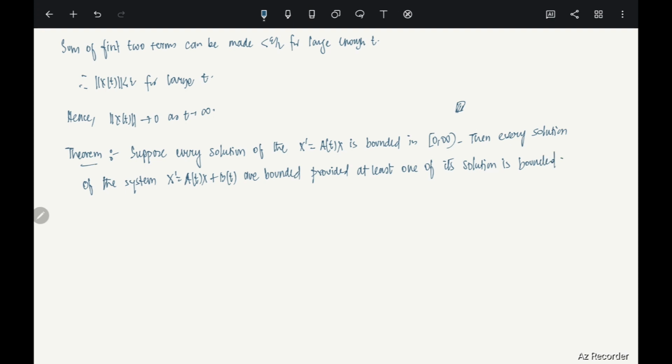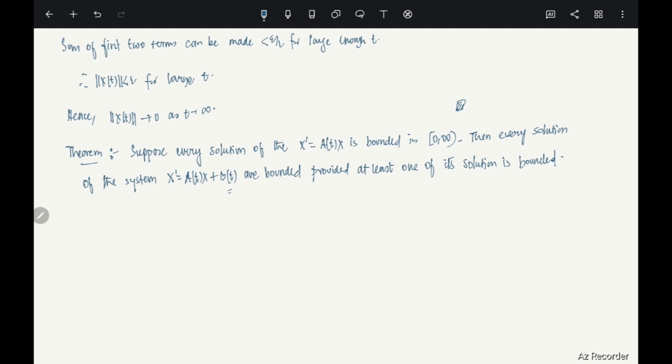I will not write the proof down, but it is trivial. Any solution of this inhomogeneous equation is the solution of the homogeneous problem plus one solution of the inhomogeneous problem. You know that at least one solution of the inhomogeneous problem is bounded, so that part is taken care of. What about the homogeneous part? You know that all solutions of the homogeneous problem are bounded. So the fundamental matrix is bounded, and hence everything is bounded. So this is trivial. But anyways, write it down.